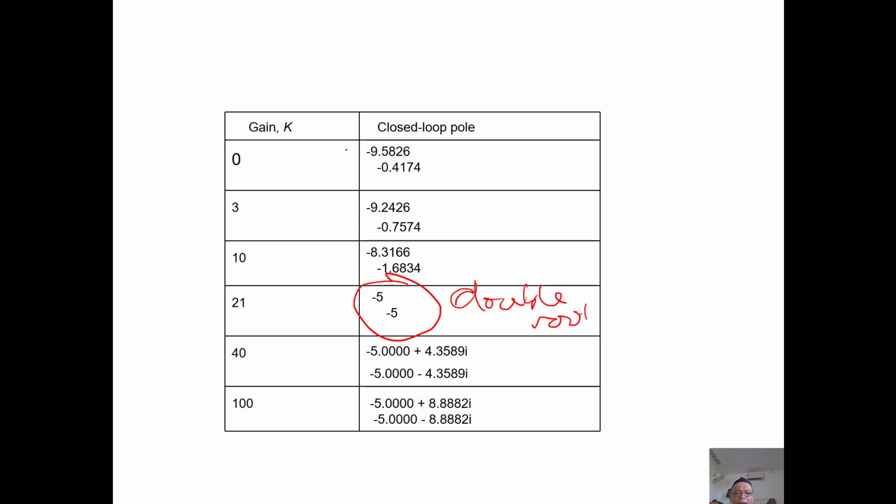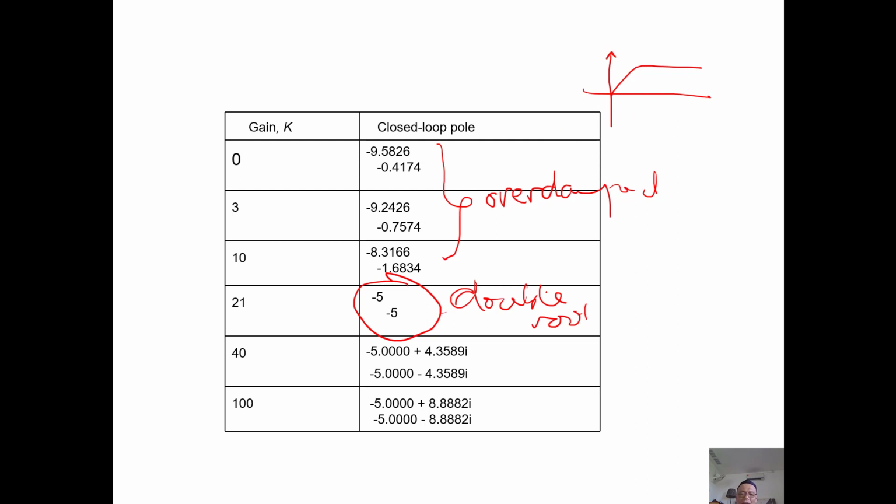Okay. So you know that this is real. When real, this shows an overdamped case. Remember that overdamped is when the response has no oscillation, just like that. Please refer to your chapter 4 on these methods.